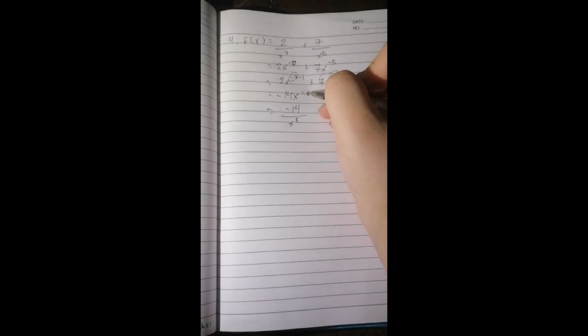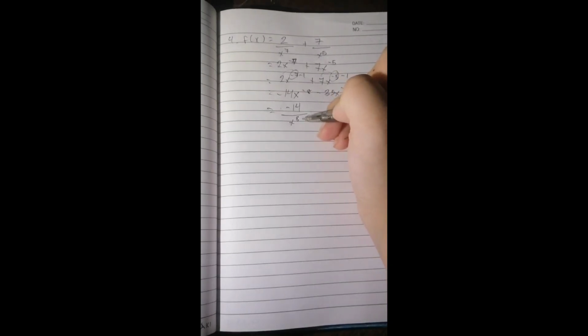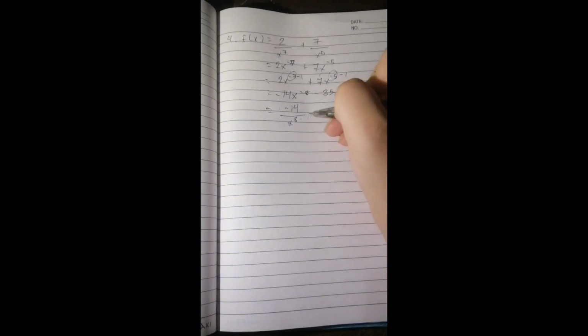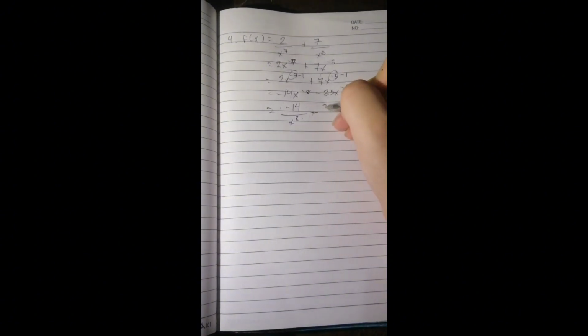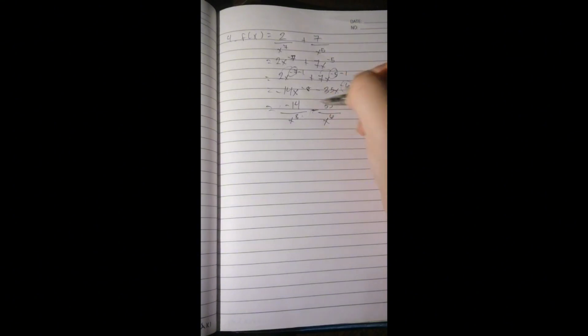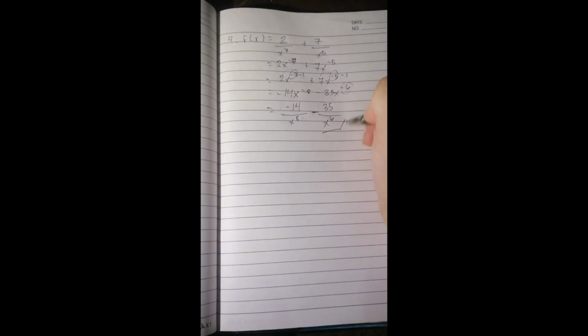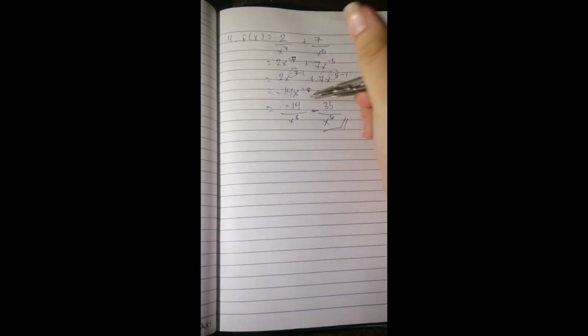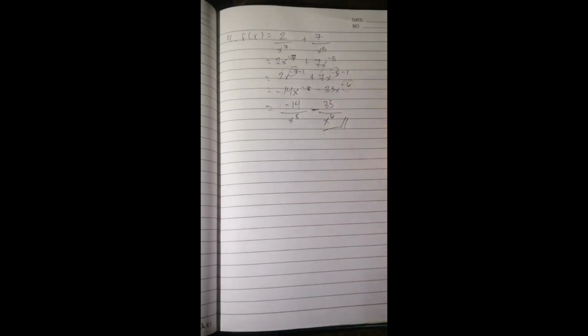Yung negative doon, pag binaba siya dito, magiging positive siya. Minus, copy the sign, 35 over x to the power of 6. So, since wala na tayong pwede pang simplify dito, ito na ang ating final answer. Negative 14 over x to the power of 8 minus 35 over x to the power of 6.